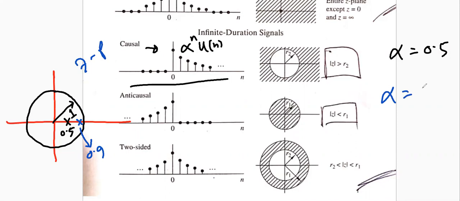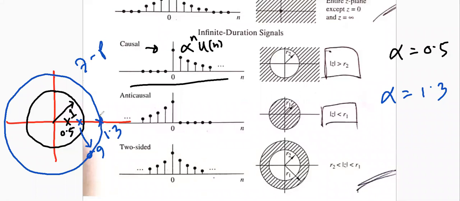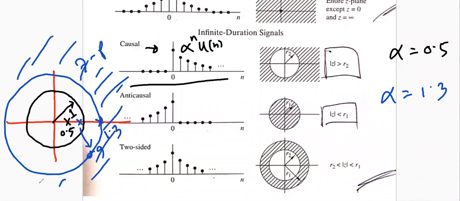Now, if alpha is equal to 1.3, where is the pole? Of course, it is at 1.3. By observing the Z plane representation, you can understand that the system is unstable. You don't have any solution in the Fourier domain. However, you can comment on the instability, whether the system is very unstable or a little bit unstable.